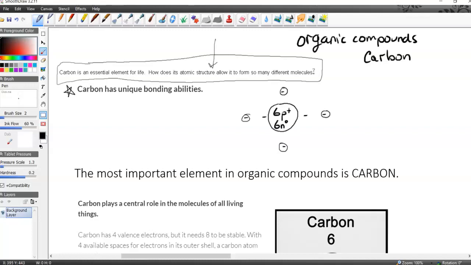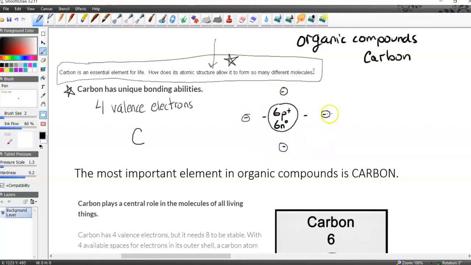So back to the question now: how does carbon's atomic structure allow it to form so many different compounds? It has 4 valence electrons. That is how its atomic structure allows it to form so many different molecules. If I draw the symbol C right here for carbon, and I only include, we call this an electron dot diagram, the 4 outermost electrons.